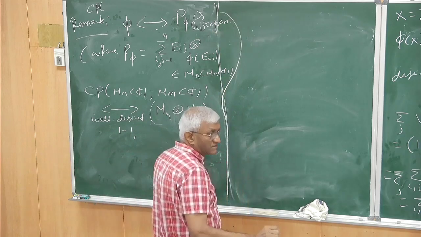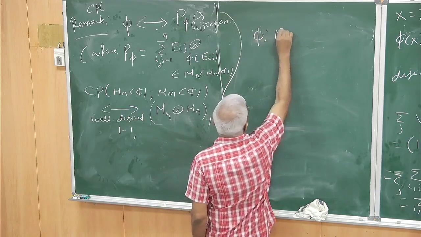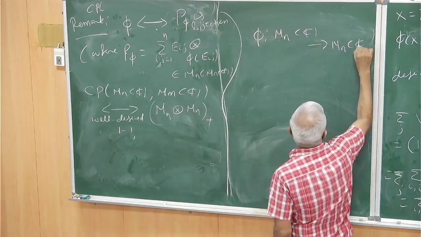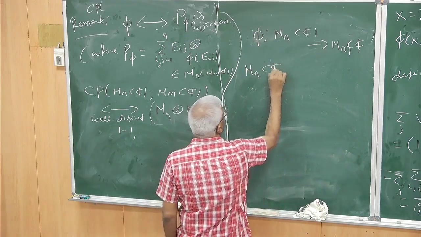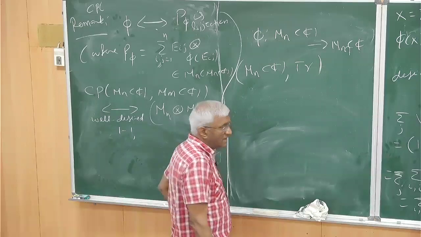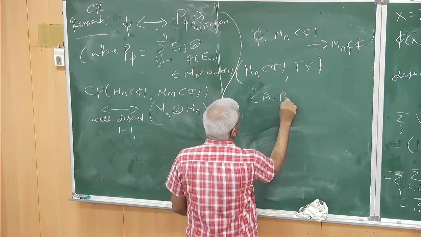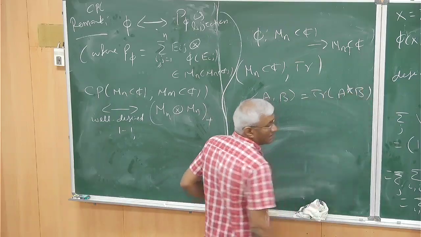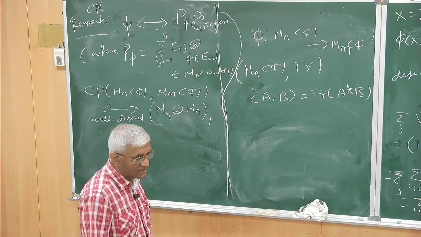Then we want to consider what is called a dual map. If phi is from M_n(C) to M_n(C). Now M_n(C) is a Hilbert space with respect to the trace inner product, which is just the inner product of A and B equal to trace of A star B. This is the Hilbert space with respect to this trace inner product.